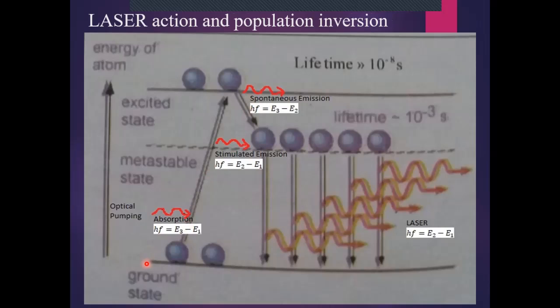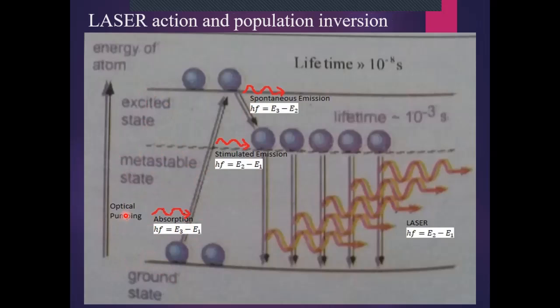In this case, we consider three energy states, E1, E2, and E3. E1 is the ground state, where E2 and E3 both are excited states, but E2 is the metastable state and E3 is the normal excited state.